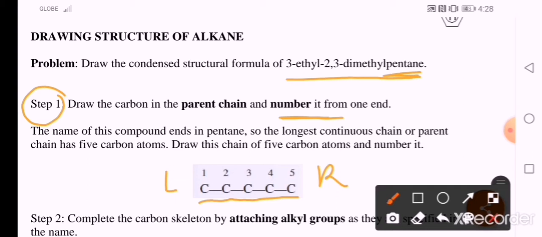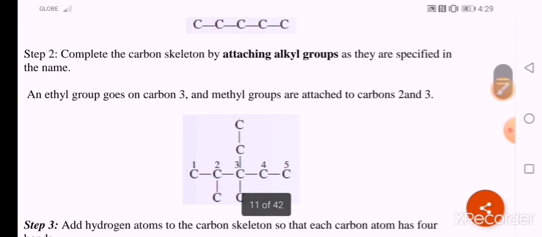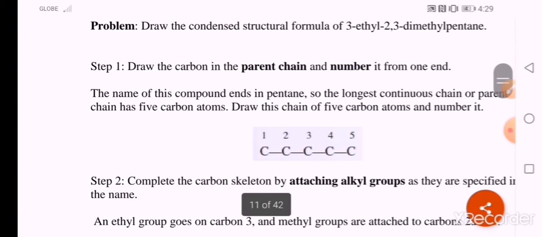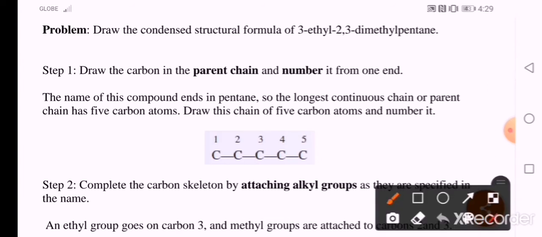Okay, so after you had drawn the number of carbon atoms that will satisfy the parent chain, anong gagawin? You have to complete the carbon skeleton by attaching the alkyl group. Okay, so kung babalikan natin kanina, ang pangalan niya ay 3-ethyl 2,3-dimethyl.